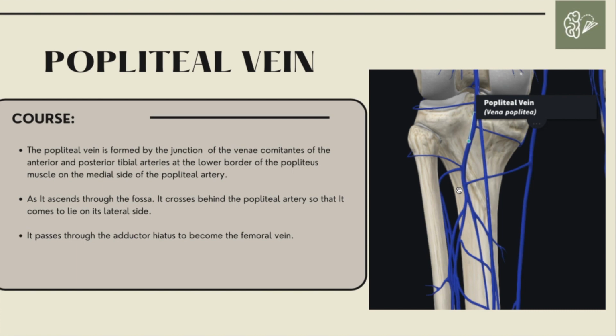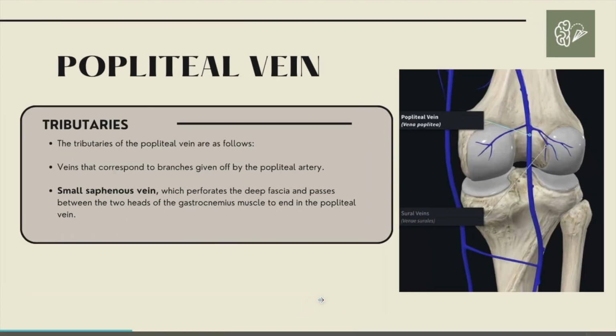As these two venae comitantes fuse in the posterior compartment, they form the popliteal vein, and then the popliteal vein is going to ascend upward into the popliteal fossa and give some tributaries. After it gives some tributaries, it will move upwards into the adductor hiatus and become the femoral vein that we just discussed a while ago.